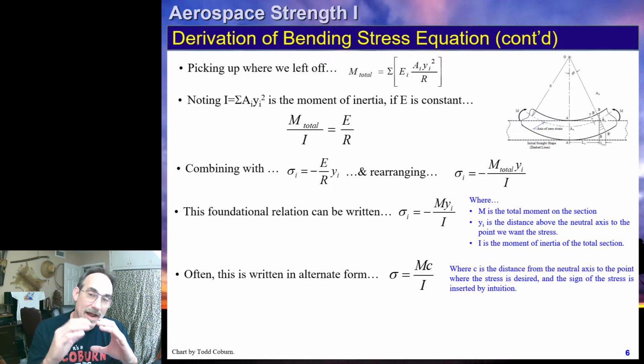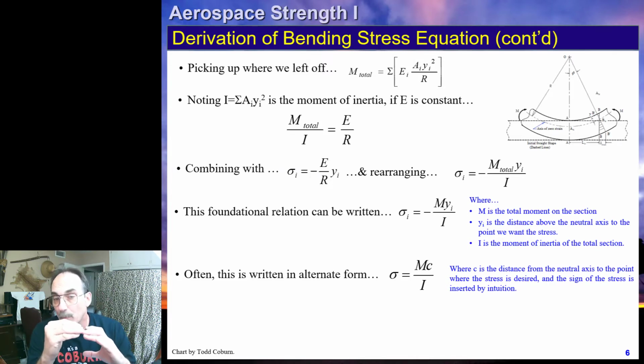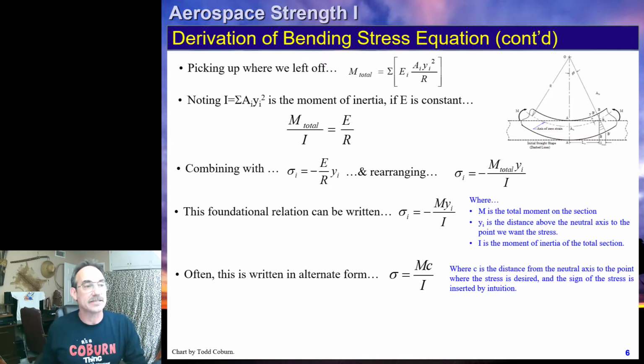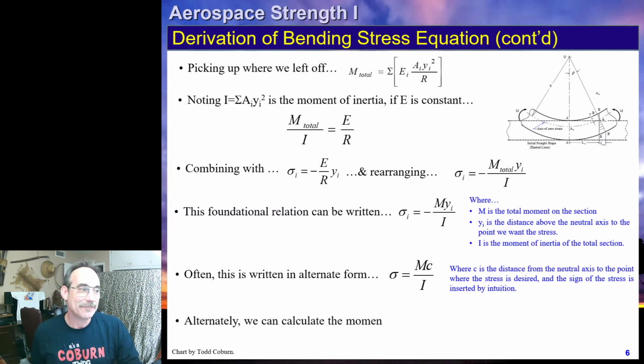If you put in a minus 2.5, you're actually going to get the stress up at the top where it's in compression. If you get a positive 2.5 on there, that's going to be the bottom stress. So whether we use My over I or MC over I, it's the same enchilada. Okay?